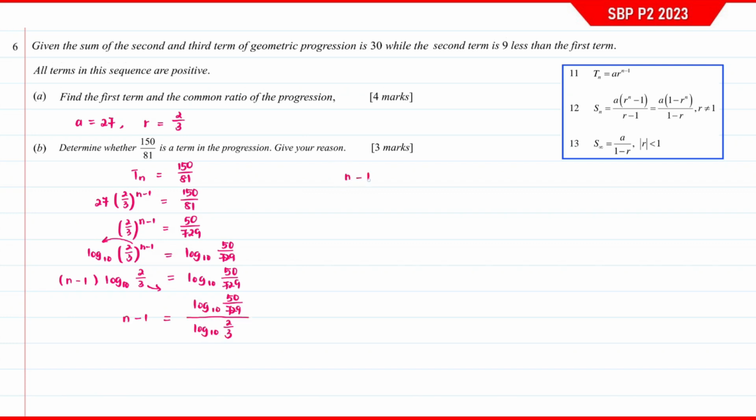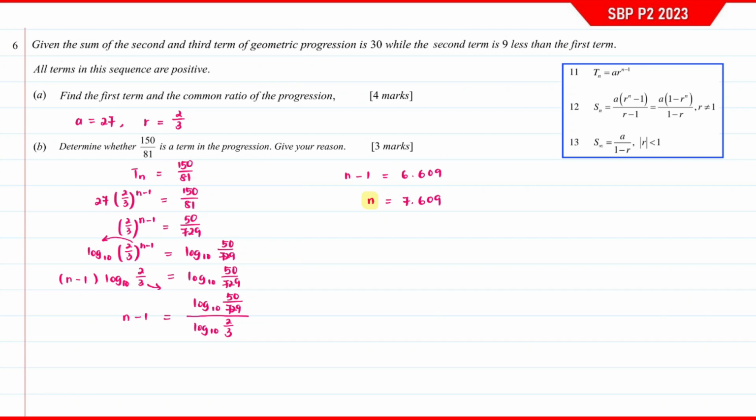So here, n minus 1 is equal to 6.609. Then n is equal to 7.609. Here the n refers to the number of terms. The n must be a positive integer. Therefore, 150 over 81 is not a term in the progressions. The reason is that n is not an integer.